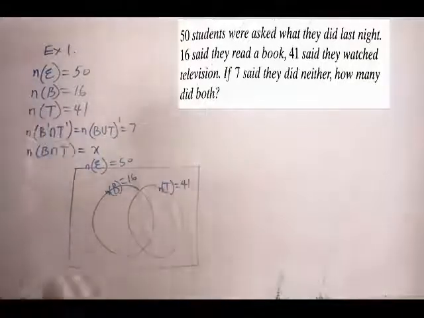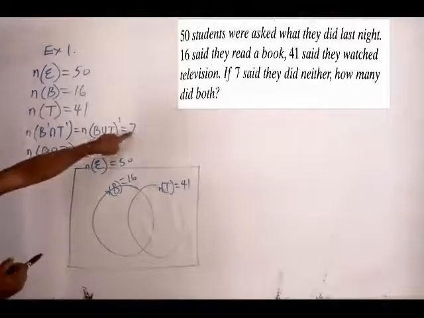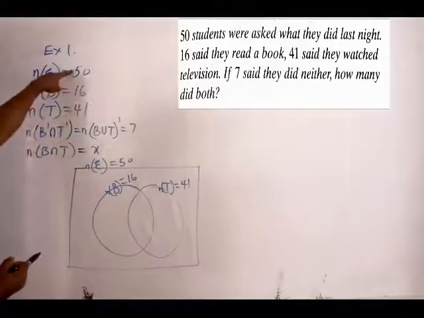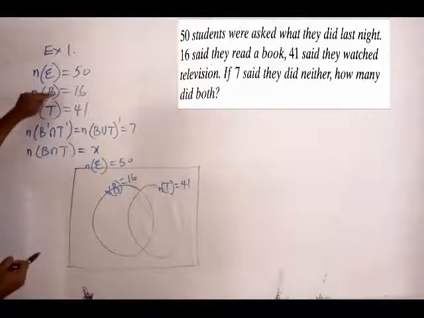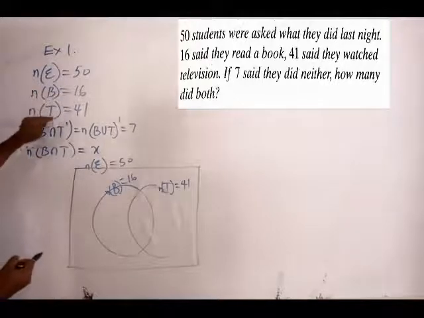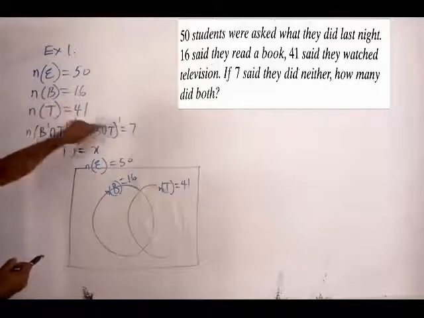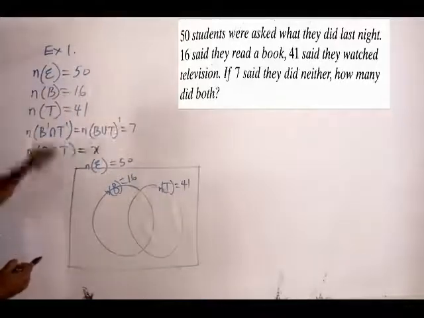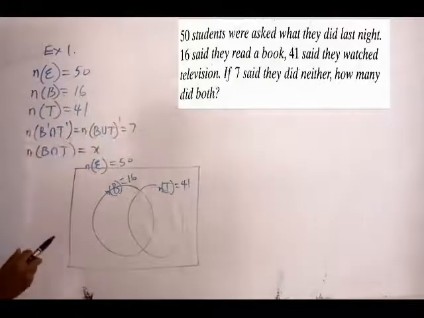Now from what you have up here, you will discover that if you add this and this and this together, it will be more than 50. That's to tell you that there are some people who read a book and did something else. They watch television too. Right in this place, there are some people that watch television and also read a book. If not, this number, when put together, should give me 50. But in this case, all this put together will not give me 50.